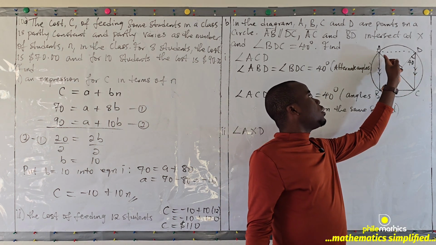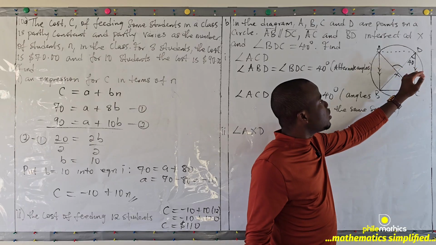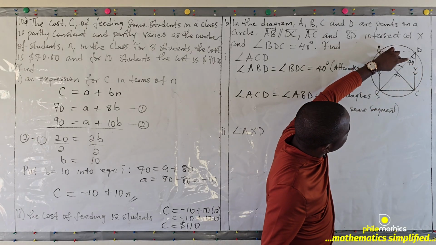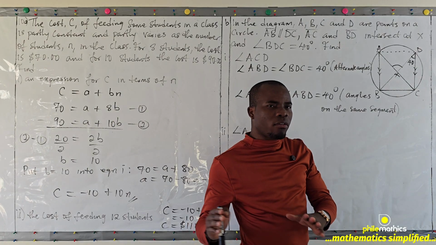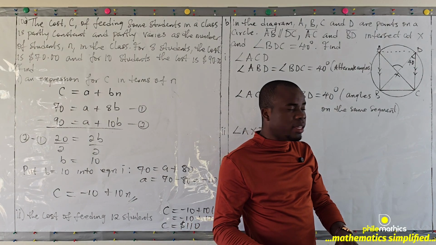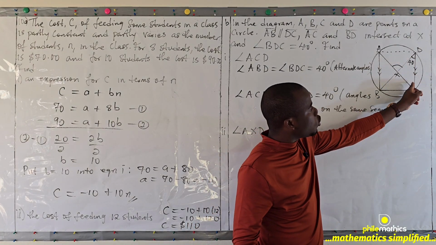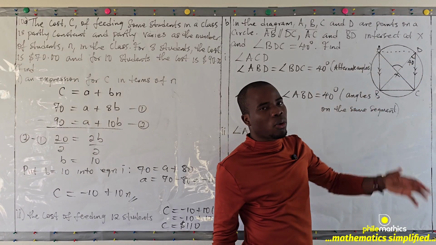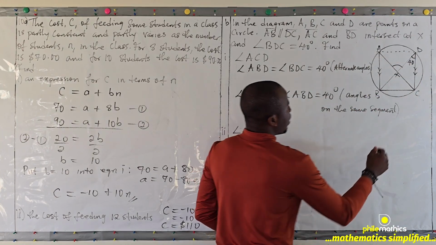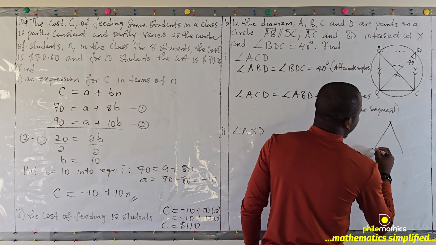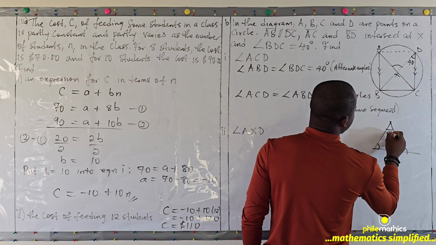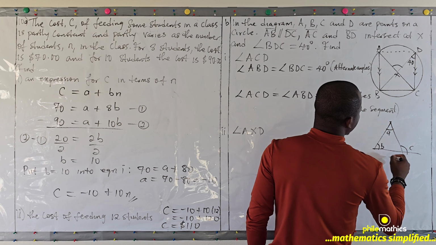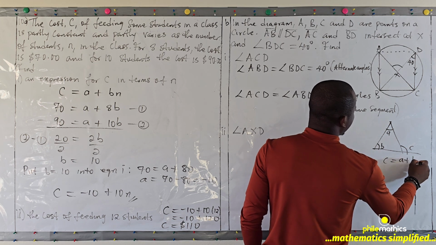This angle is the sum of this and this, because the exterior angle of a triangle is equal to the sum of the opposite interior angles. That is, if I have a triangle like this and I have this exterior angle, this angle is equal to this and this. If this is A, this is B, this is C, then C is A plus B.